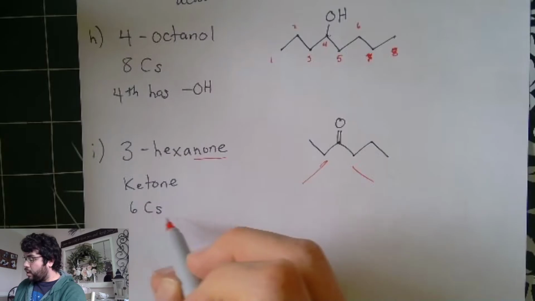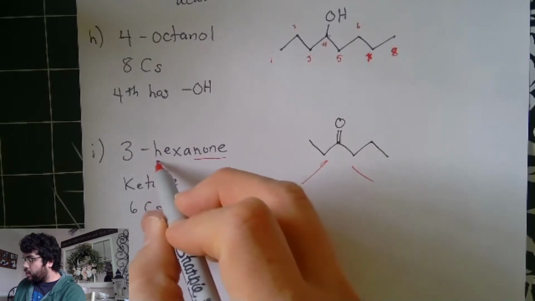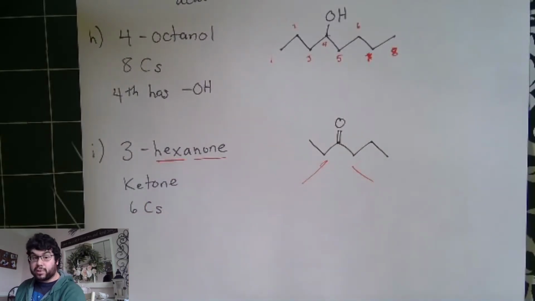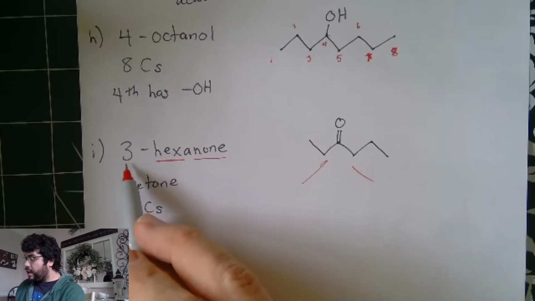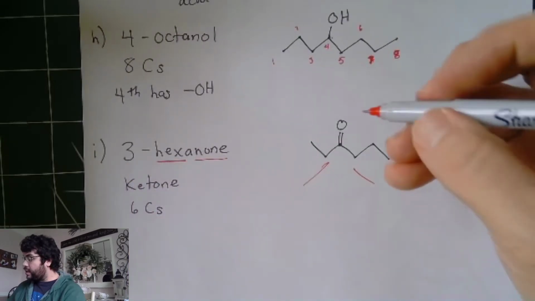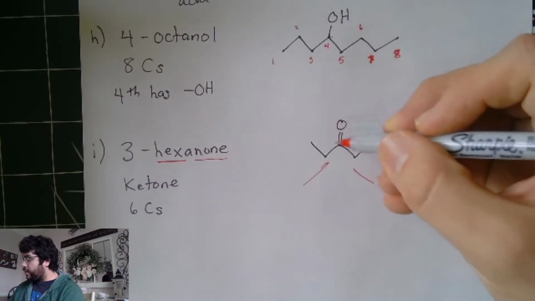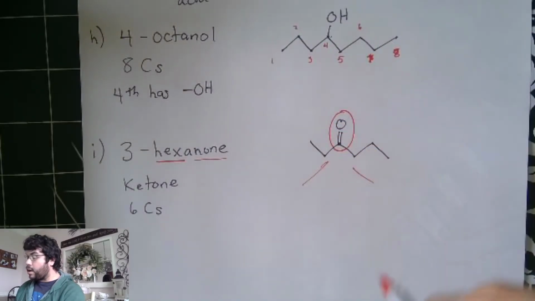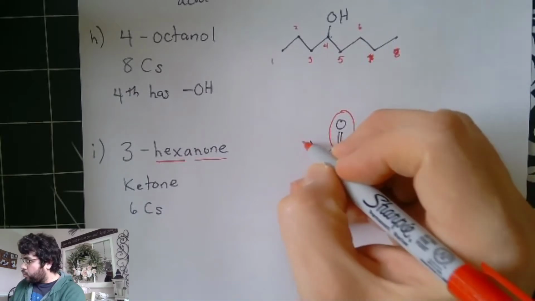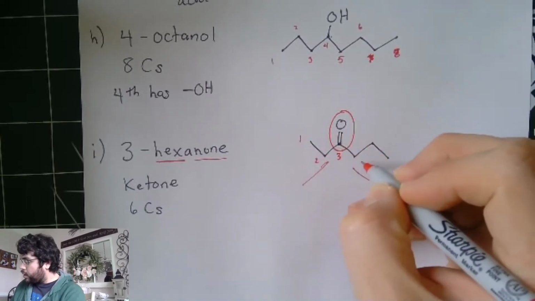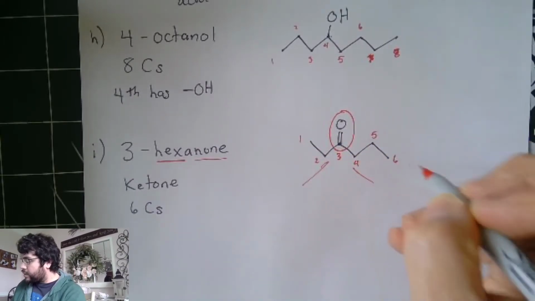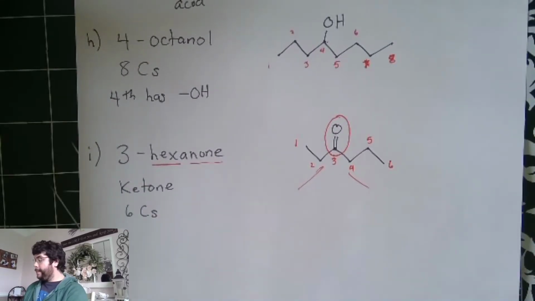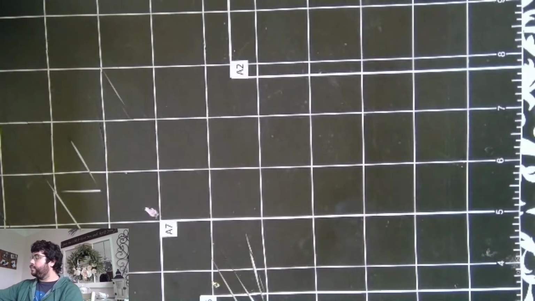So it's a 6-carbon ketone, because I see the hex part, so 6 carbons, and 3 would tell me that the ketone functional group is going to be on the 3rd carbon. So 1, 2, 3, 4, 5, 6. Okay, let's move on.